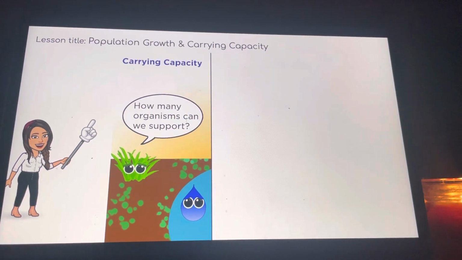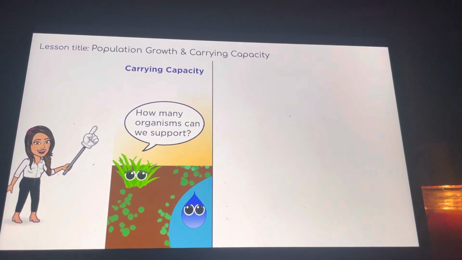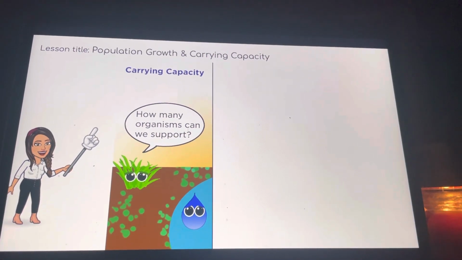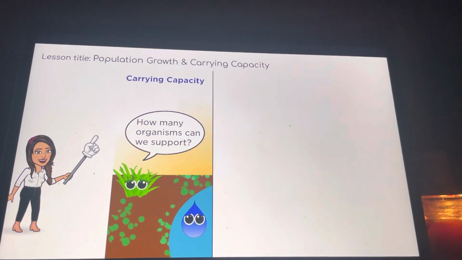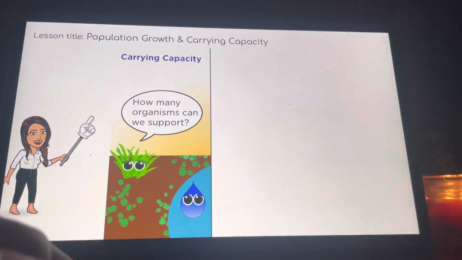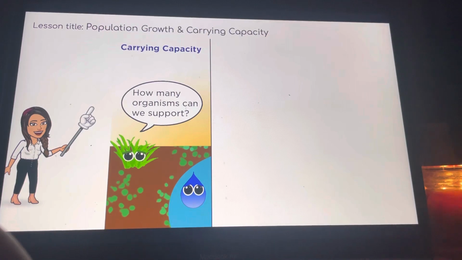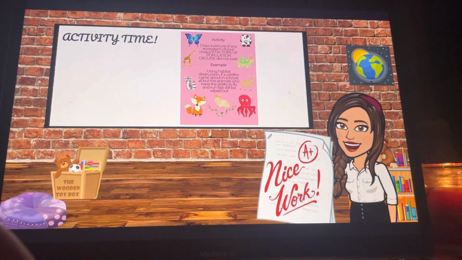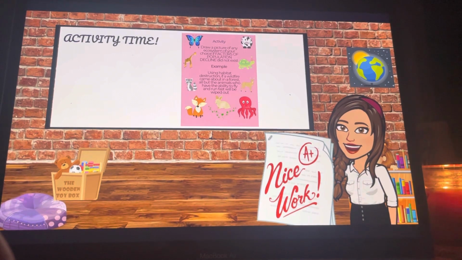On the bottom, we have the grass, which can be a food provider for one of the organisms, and the water, which is very necessary to life. So given the question, how many organisms can we support? That is exactly what carrying capacity is. So that is it to wrap up population growth and carrying capacity.